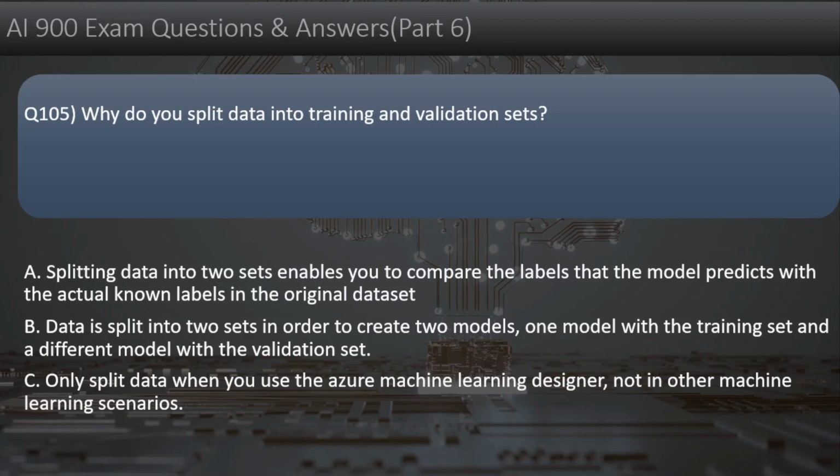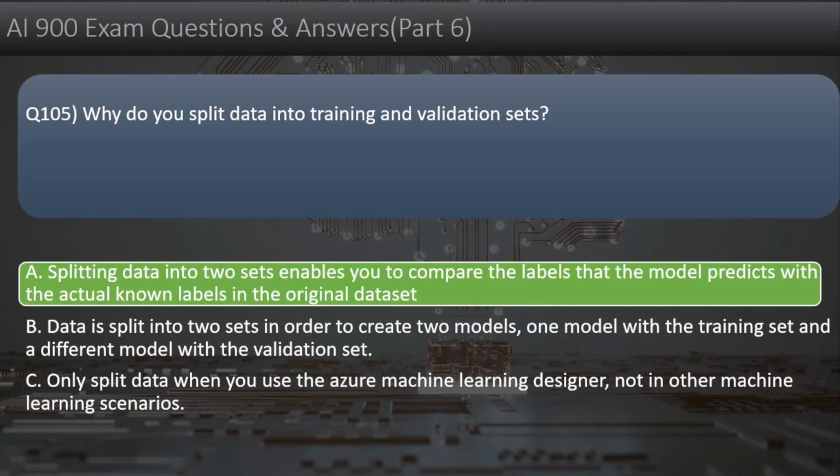Option C, only split data when you use the Azure Machine Learning Designer, not in other machine learning scenarios. The correct option is A, splitting data into two sets enables you to compare the labels that the model predicts with the actual known labels in the original dataset.